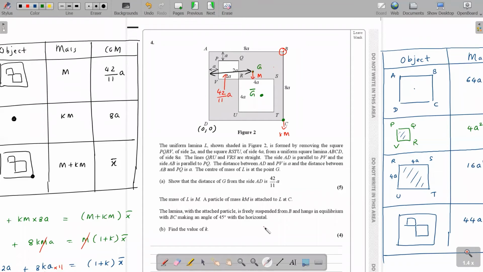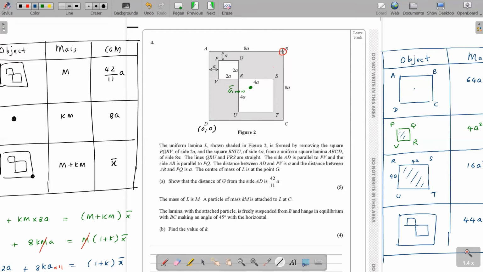Now, what's the theory when you hang? I'll remove the previous center of mass, because of the km particle you now have a brand new center of mass.